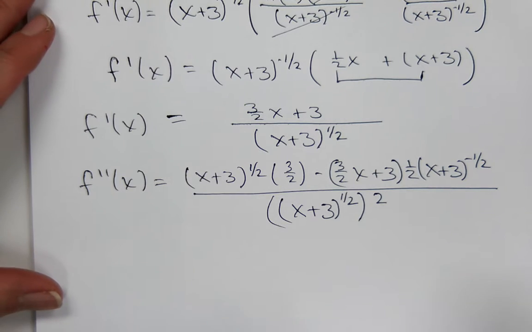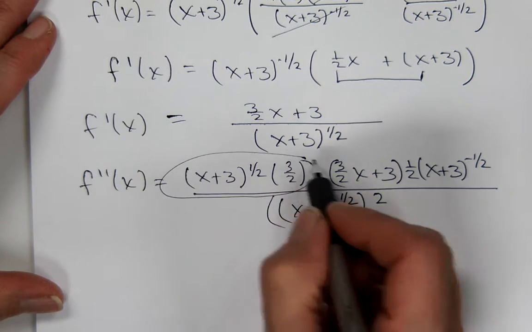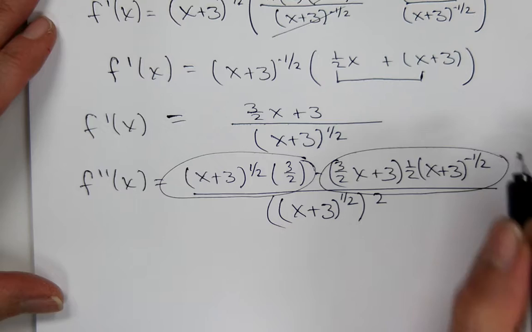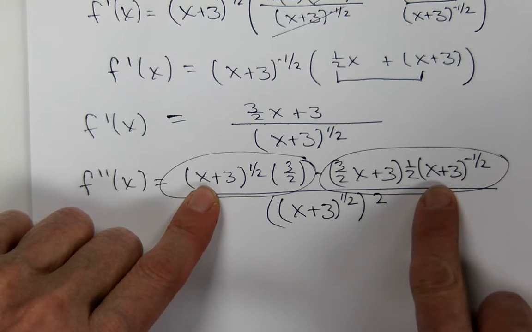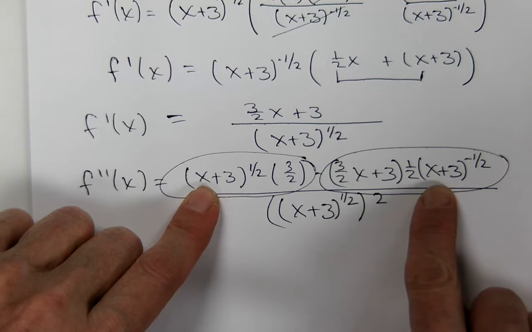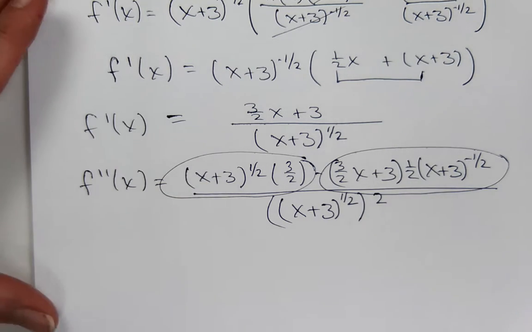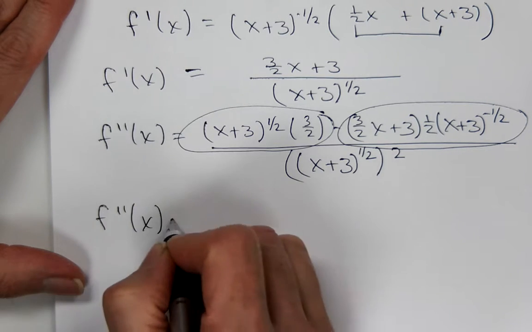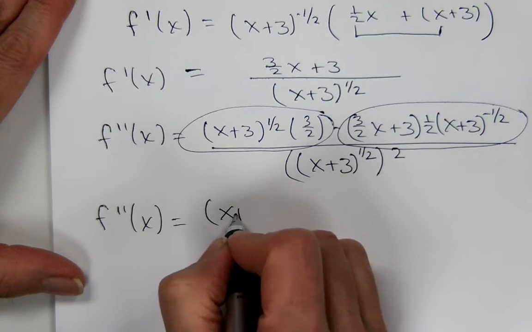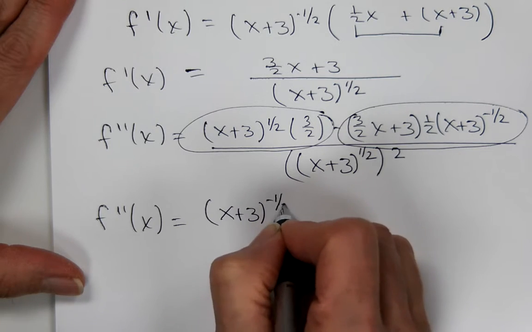And once again, we have two terms in the numerator. And once again, we have a common factor of x plus 3, and the lowest power, the lowest exponent, is -1/2. So we do it again. So I get f double prime of x equals, and I'm pulling out an (x plus 3) to the -1/2 power.